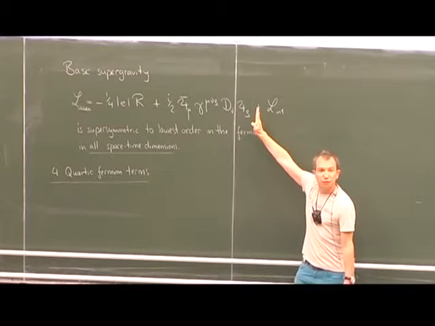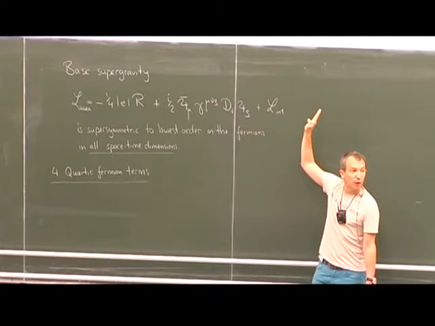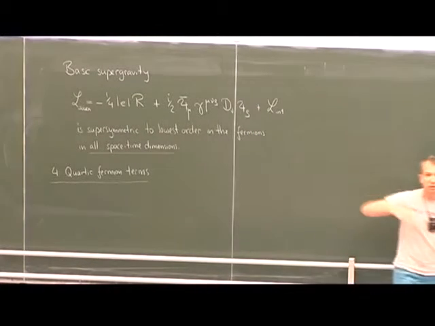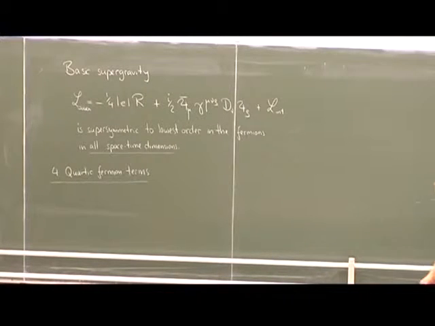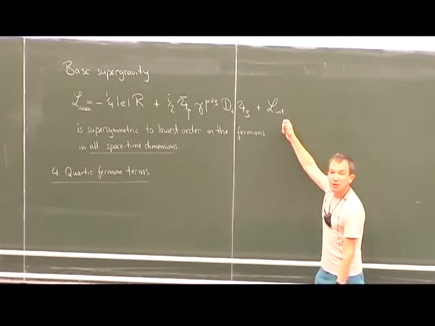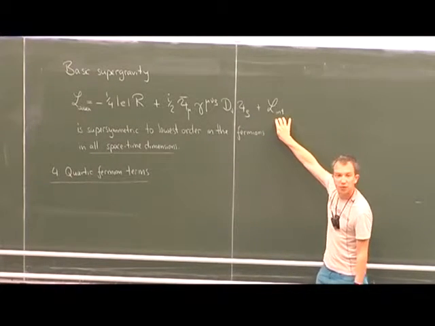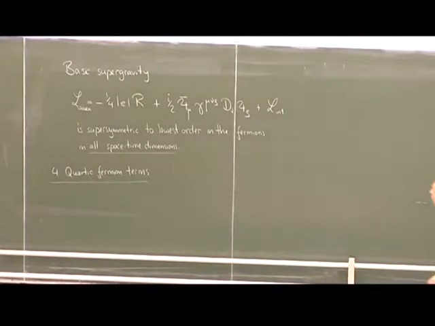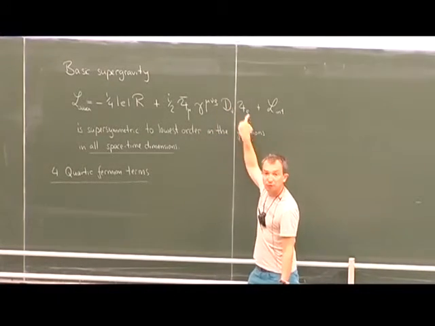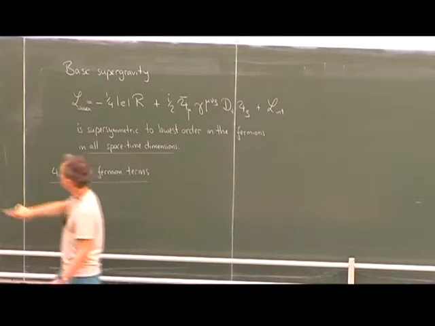Because this structure is still kind of neat and compact, but the structure of the quartic fermion couplings can be quite ugly, depending on the space-time dimension, depending on the matter content, and so on. The structure of these interaction terms can be, of course, much more complicated than this simple kinetic coupling we had here.